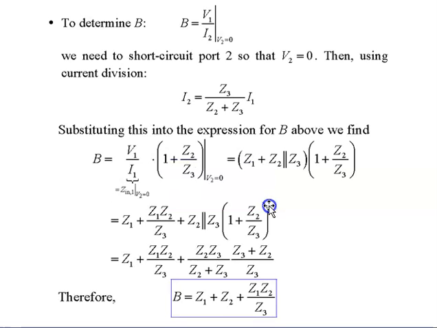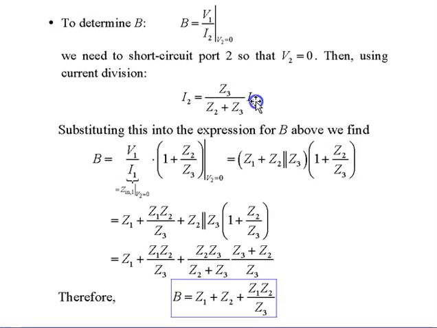Next, B. So B is equal to V1 over I2 when your V2 is equal to 0. So when your V2 is equal to 0, meaning that you have to short circuit port 2 in order to get V2 equal to 0. Now, use the current division and you will have I2 is equal to Z3 over Z2 plus Z3 times I1.